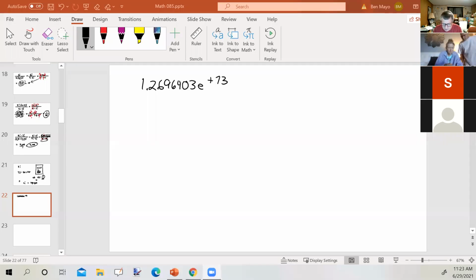Now can you see my whiteboard screen? Yes. Thank you. This notation basically means 1.2696403 times 10 to the 73rd power.